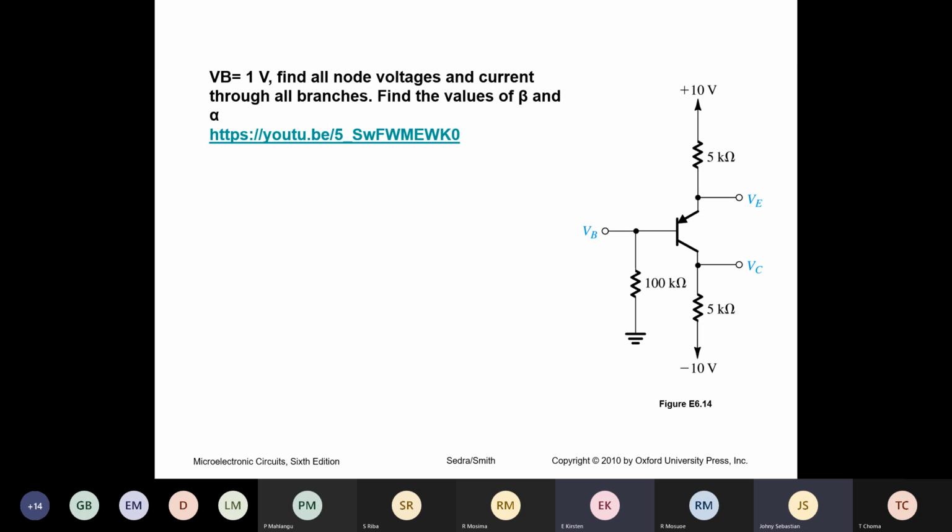Isn't that the base current? That is the base current. So we already have the base current. We already have the emitter current.